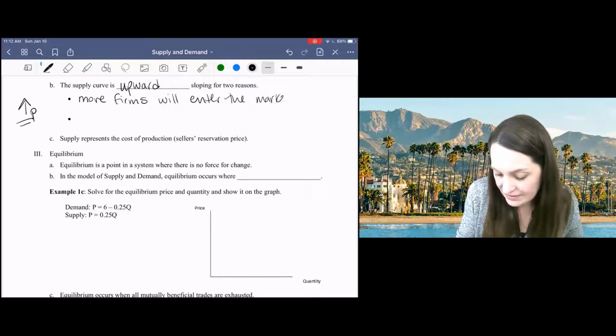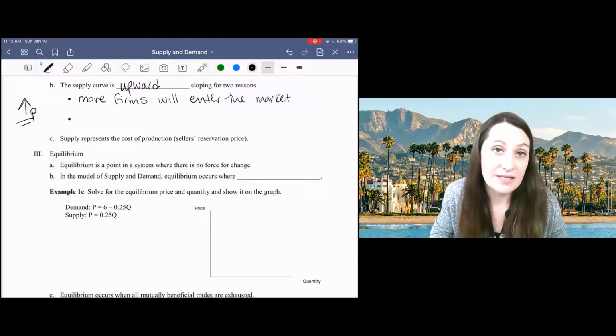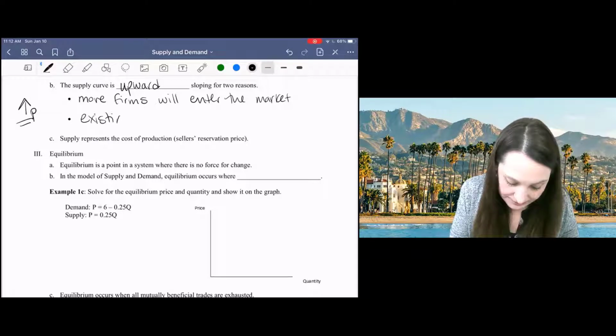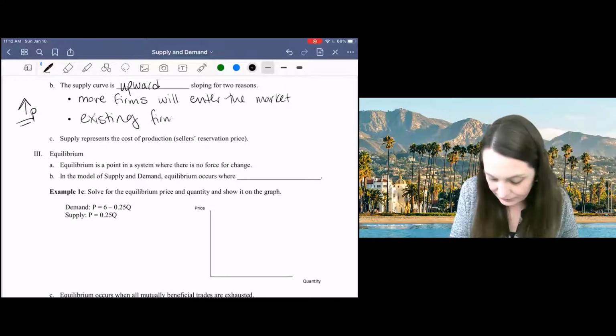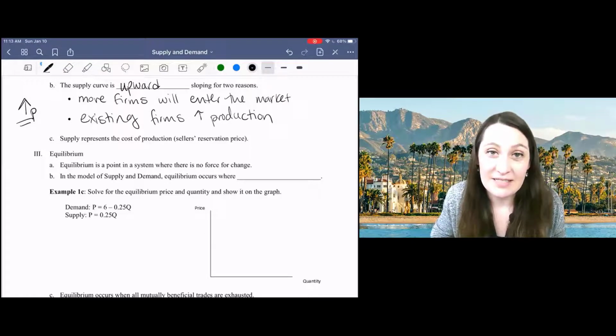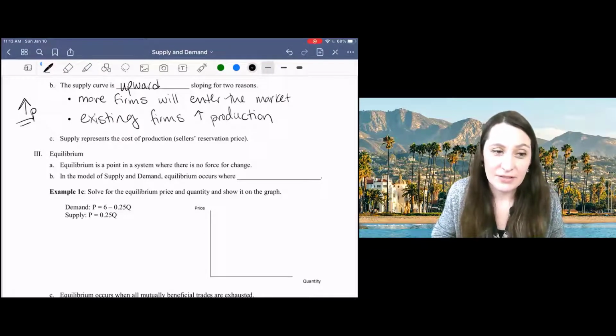People who previously didn't find it worth their time to go into this industry will now see that it's more profitable and enter the industry. Existing firms will also produce more. So as the price goes up and production becomes more profitable, existing firms will invest in expanding their level of production.